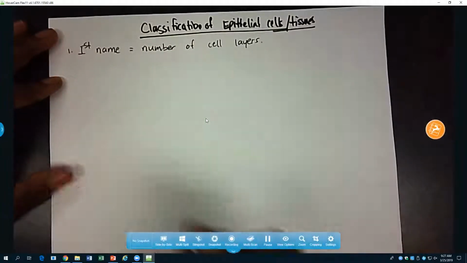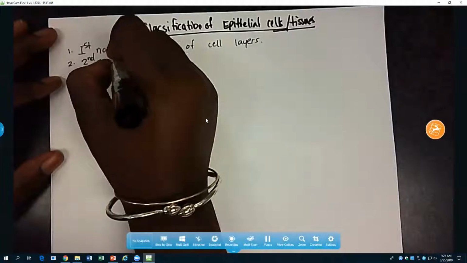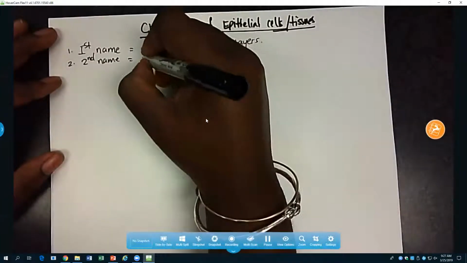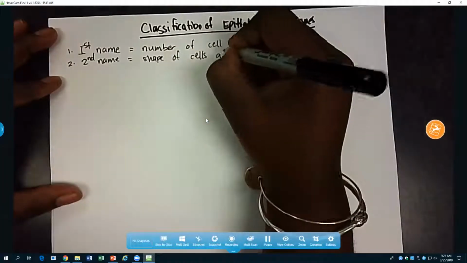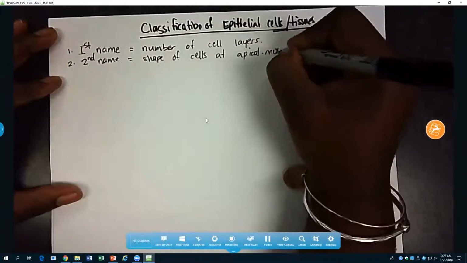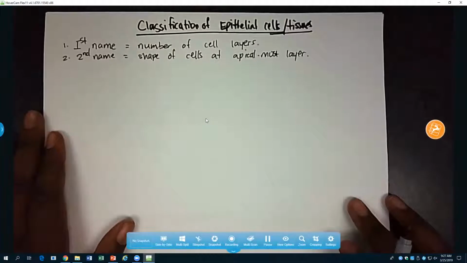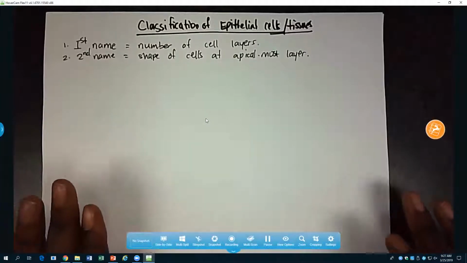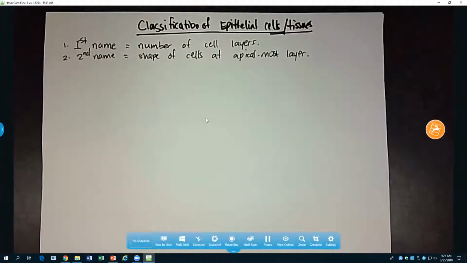The second name is essentially the shape of cells, specifically at the apical most layer, the top layer. So the first name is the number of cell layers, whether it's simple or stratified, and then the second name is going to be the shape of the cells that are at the very top or the apical most layer.